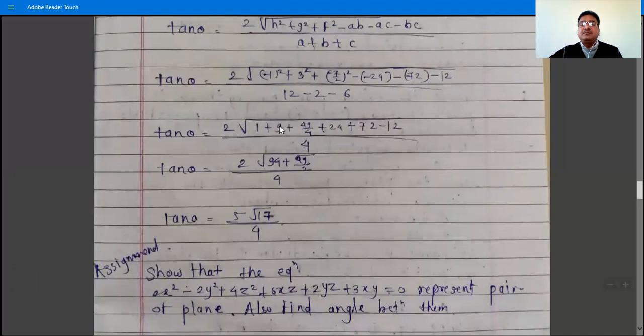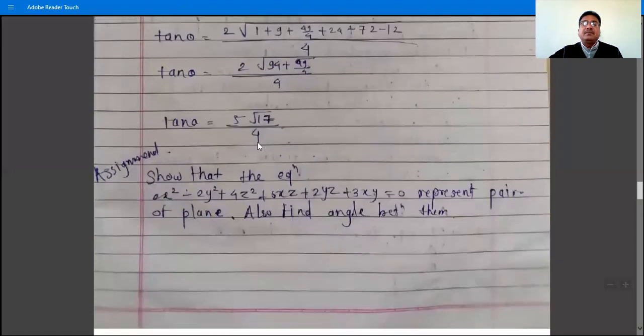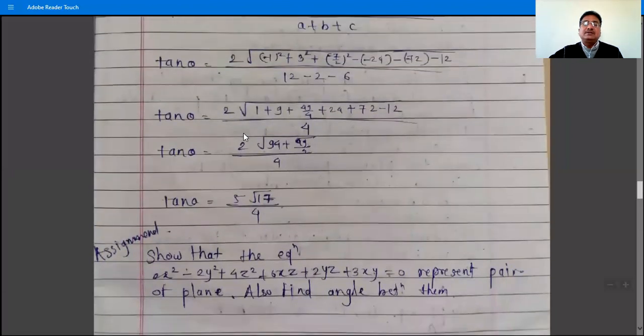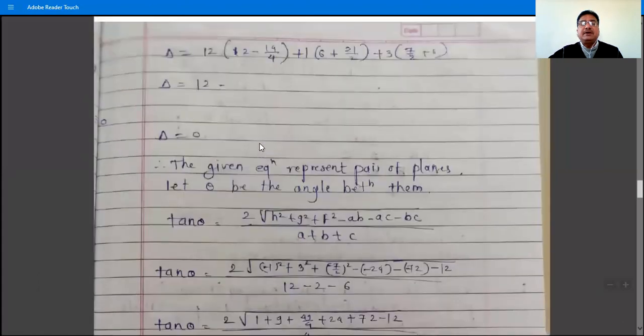So 1 plus 9, 24, 72 minus 12, is 94 plus 49 by 4, divided by 4, and then take 4 as the LCM, simplification is root 17, 5 root 17 by 4. So we have 2 divided by 2, and this answer is 5 root 17 by 4, and therefore theta is tan inverse of 5 root 17 by 4. So this is the angle between the pair of planes.